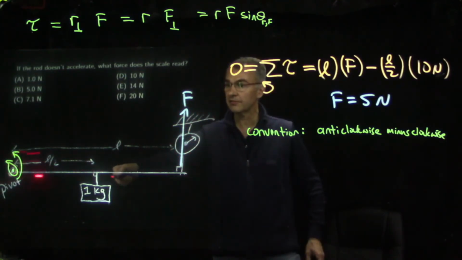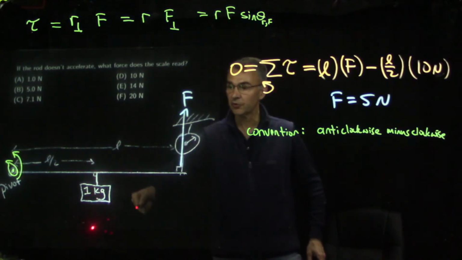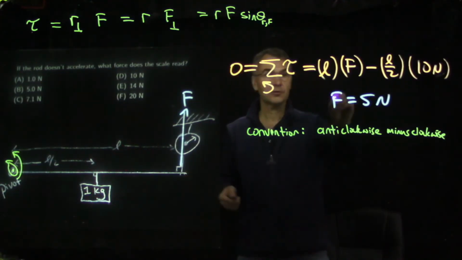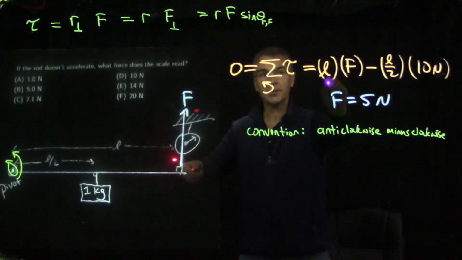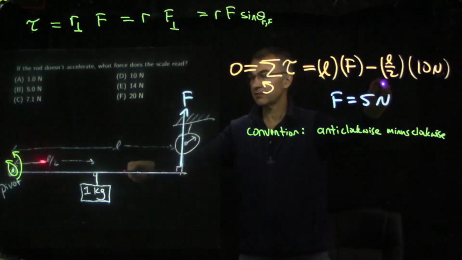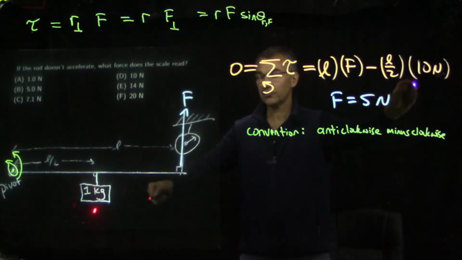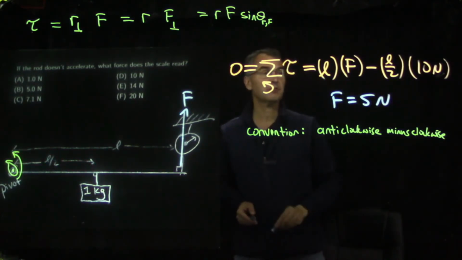This is a lever arm L over 2 times a known downward force 10 newtons. So we'll do positive minus negative, anti-clockwise minus clockwise: lever arm L times force F minus lever arm L over 2 times force 10 newtons. So F must be 5 newtons.